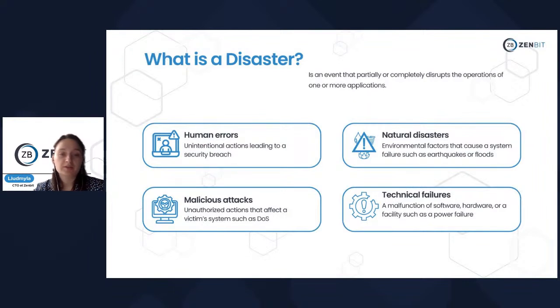The third one is natural disasters. These are environmental factors that cause the system to fail, such as quakes or floods, for example. And the fourth one is technical failure. This is when hardware or facilities fail, such as a power failure or network connectivity failure.